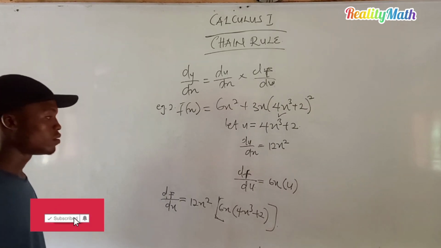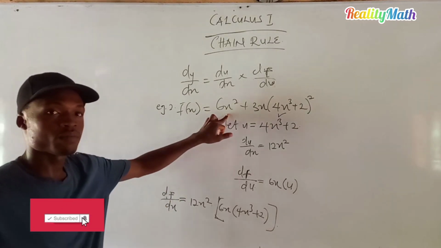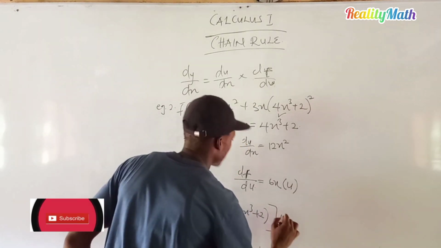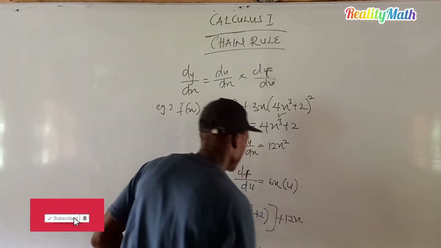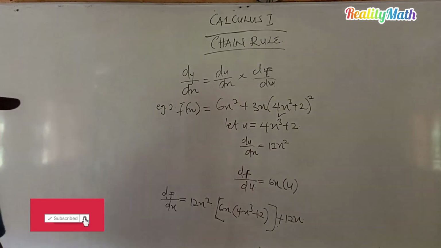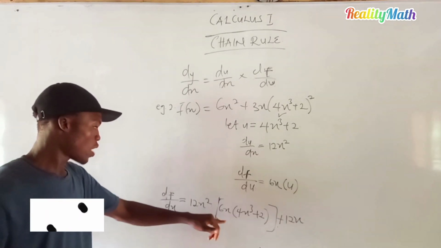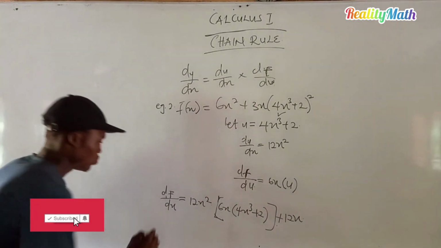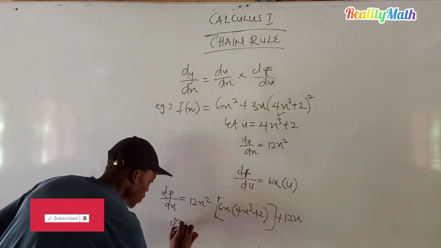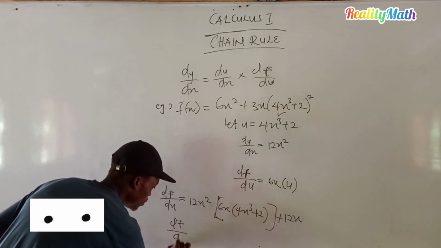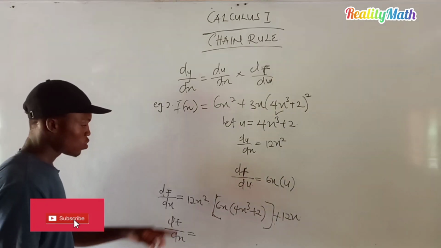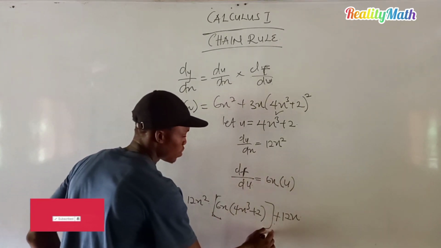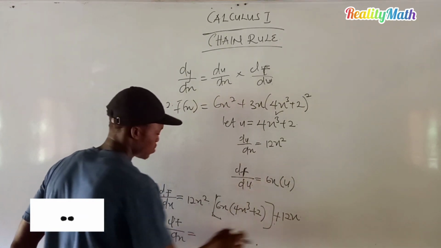Now you are not done. Note that there's a term here. How do you differentiate this one? It's just going to be plus 12x. We can multiply this with this. So df/dx is equal to 12x squared times 6x. Now we can rearrange the whole thing. Mind you, in maths, you can bring this before this.